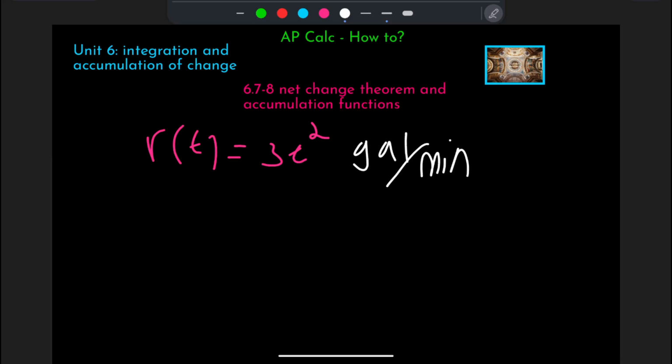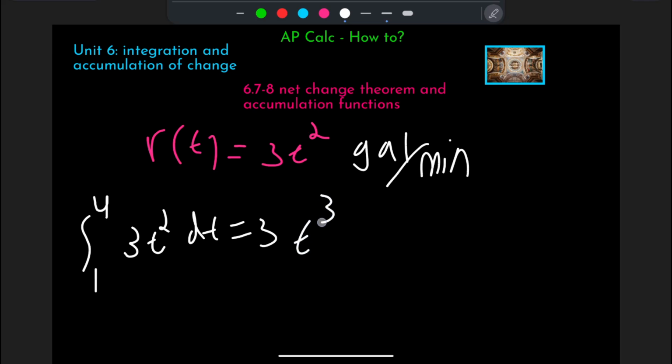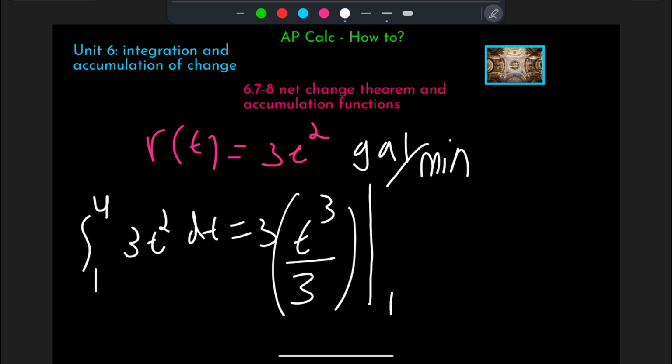So in order to figure this out, say you have the integral from 1 to 4 of 3t squared dt. Pull the 3 out, and then this just becomes 3 times t cubed over 3 when this is evaluated from 1 to 4, which becomes 63.